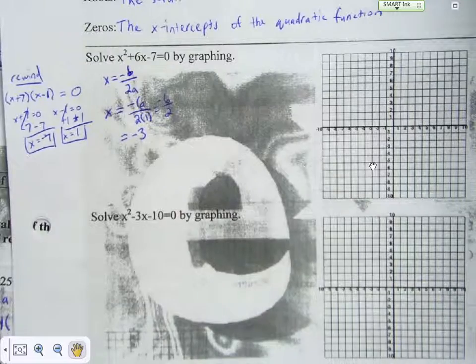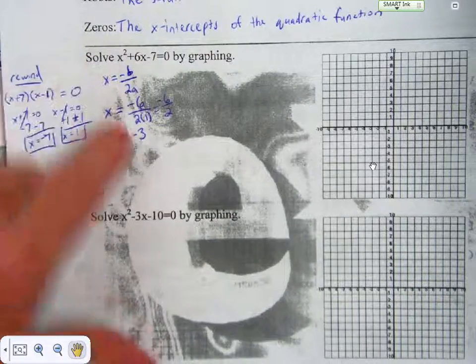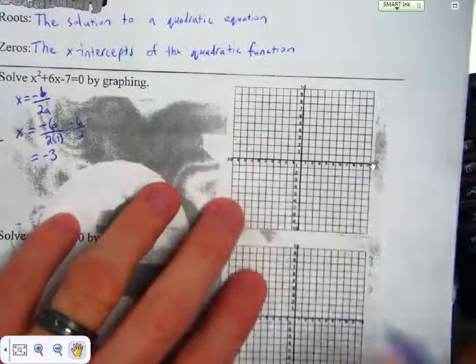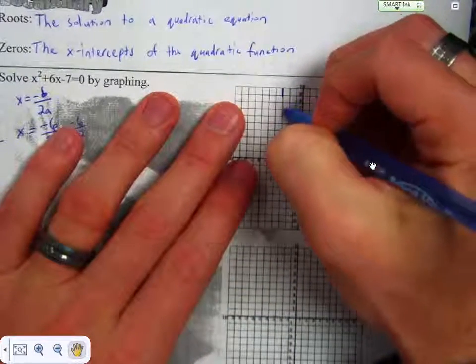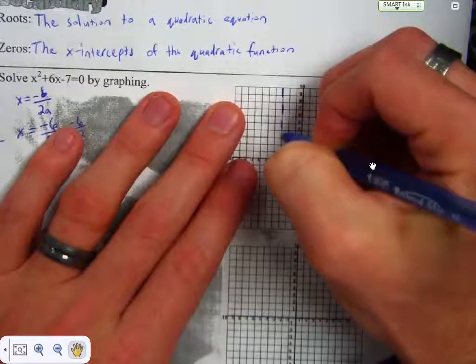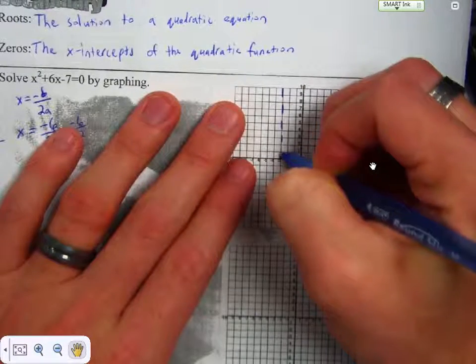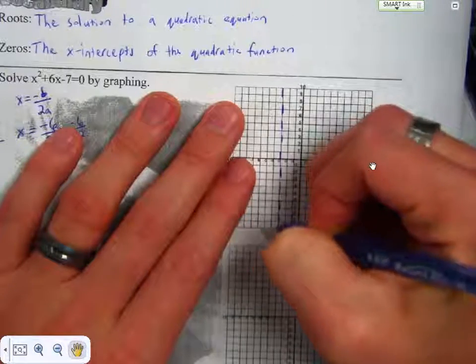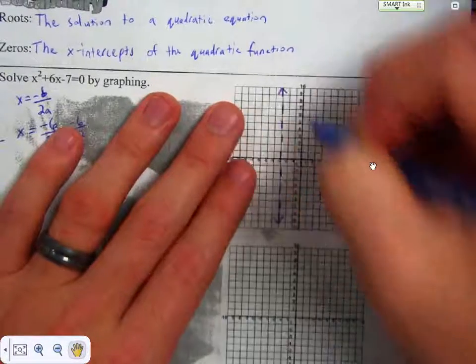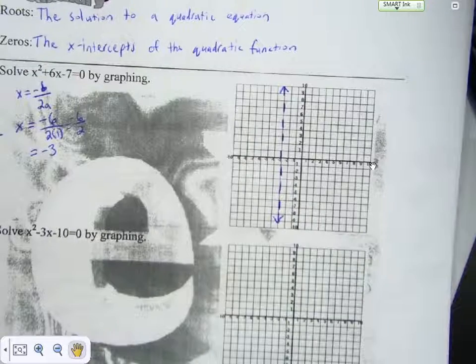So if the axis of symmetry is -3, I can go to -3 on this and put a dotted line. This is going to cut my parabola in half.